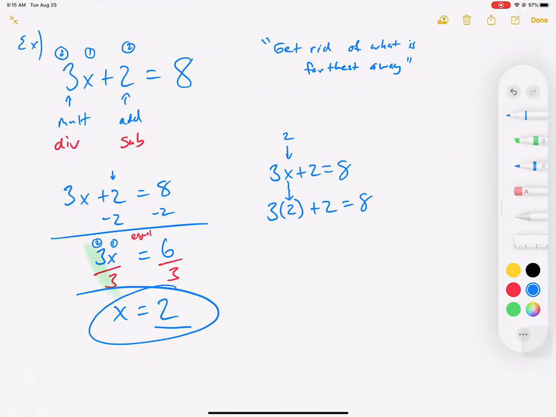X became 2. 3 times 2 is 6. 6 plus 2 is 8. Do we find a value that balanced out the equation, that would fit perfectly? I found my partner forever? Yes. So if x was 2, this would make this equation true.